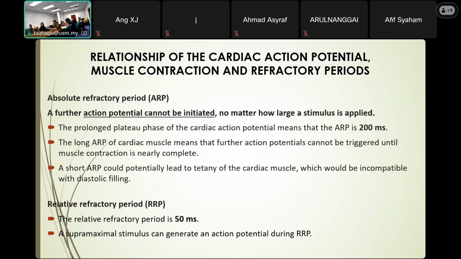It's a period, a duration, where the cardiac muscle cannot be stimulated, even with any supramaximal stimulus. Absolute means nothing can happen. You cannot even, any supramaximal stimulus also cannot trigger an action potential.